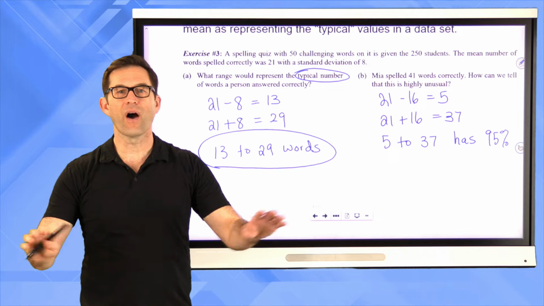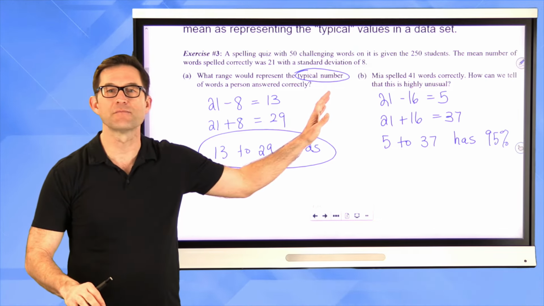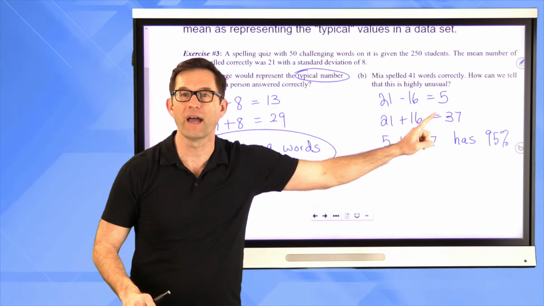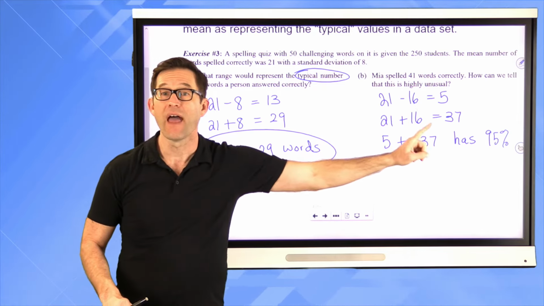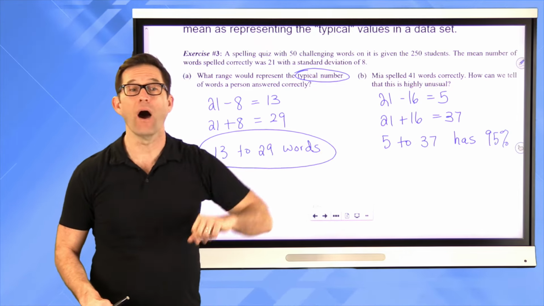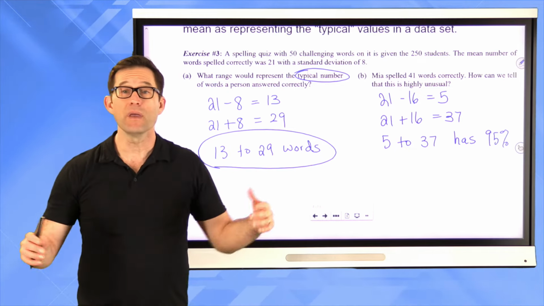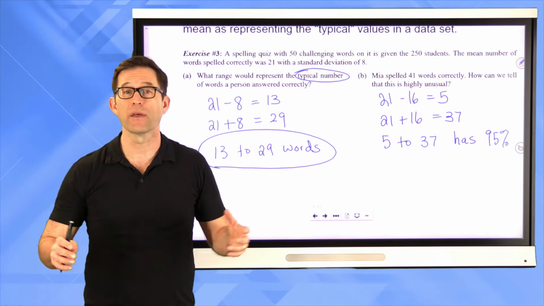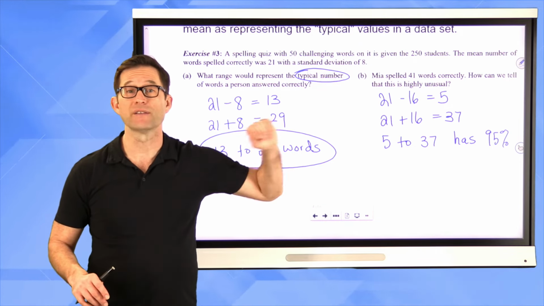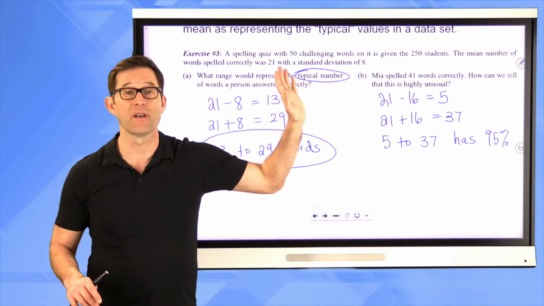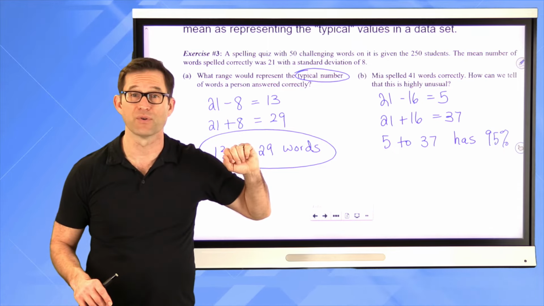So 95% of everybody that takes this spelling test is going to get between 5 and 37 words correctly. And Mia has 4 words more than the upper level there. So Mia, she's certainly spelling better than 95%. She's probably spelling better than 97, 98, maybe even 99%.